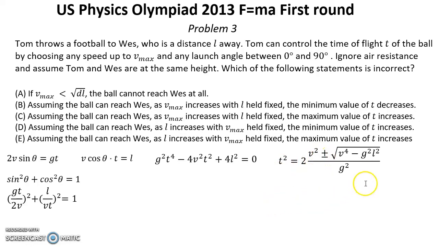And if we look at this square root, we can say that V maximum cannot be less than the square root of D over L. In that case, the ball cannot reach Wes at all. So it means that this sentence is good.